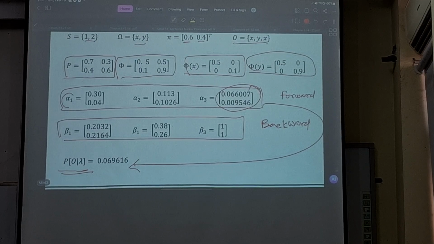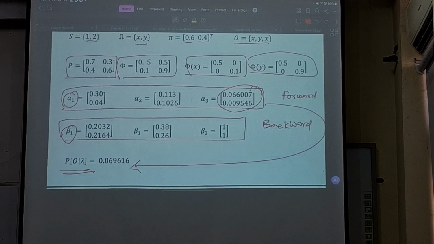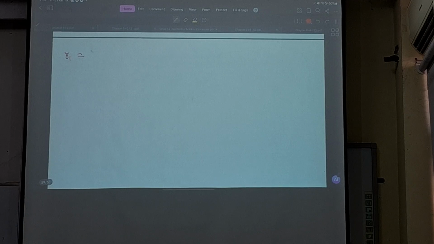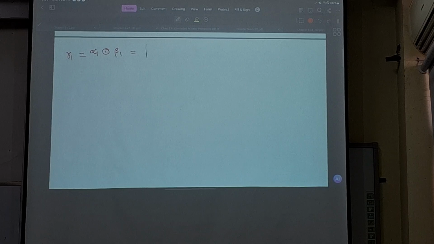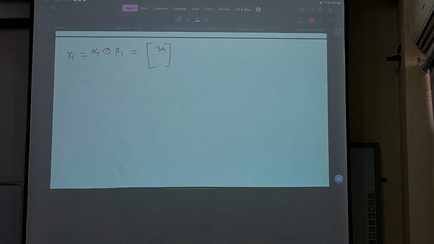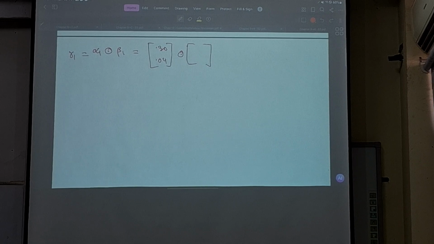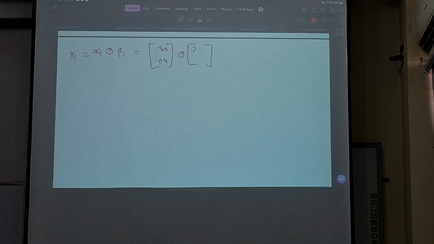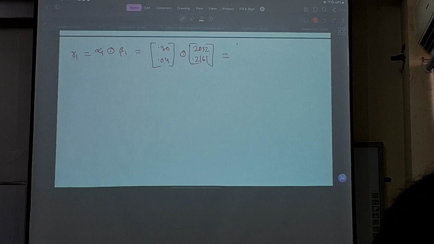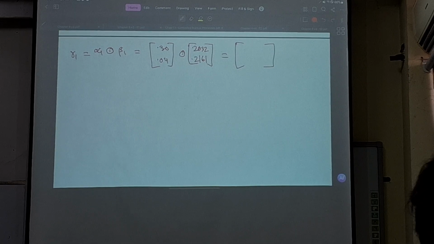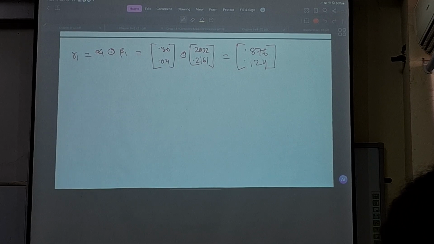It is the Hadamard product of alpha 1, which is 0.04, and beta 1, which is 0.2032, divided by 0.2066, which is equal to 0.876, and the other is 0.124. So this indicates the value of gamma 1.